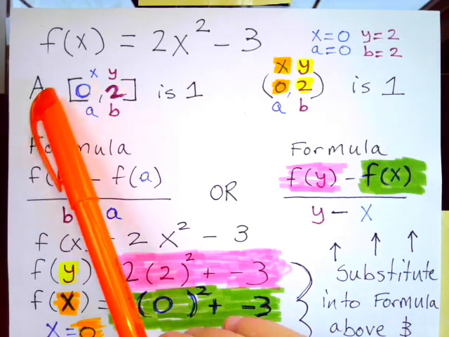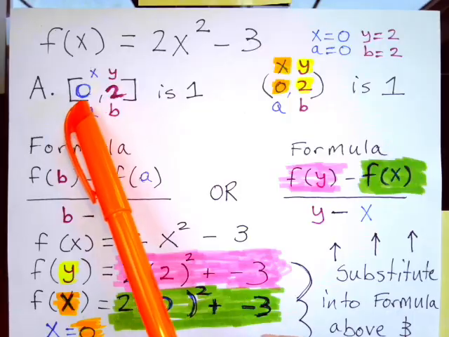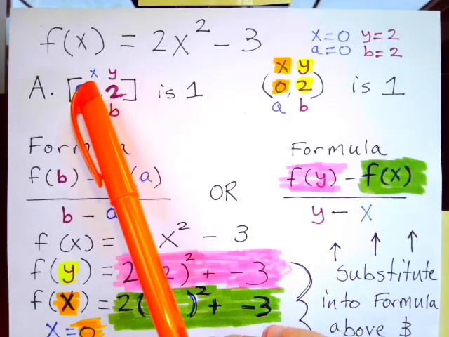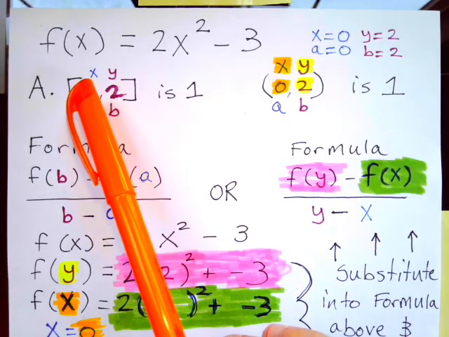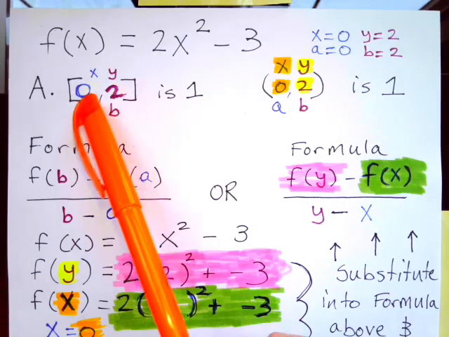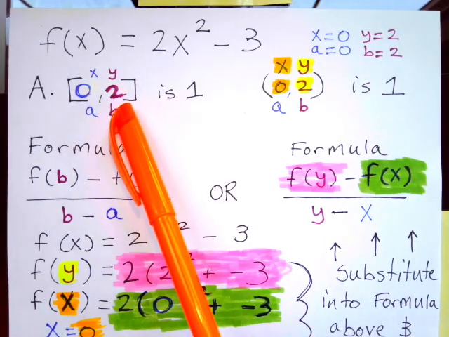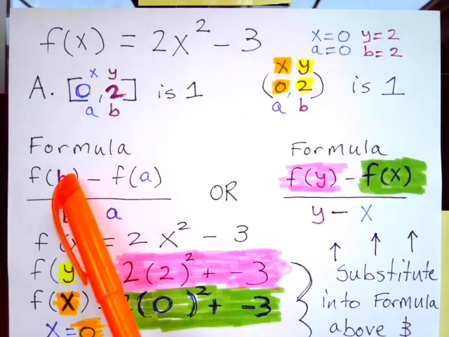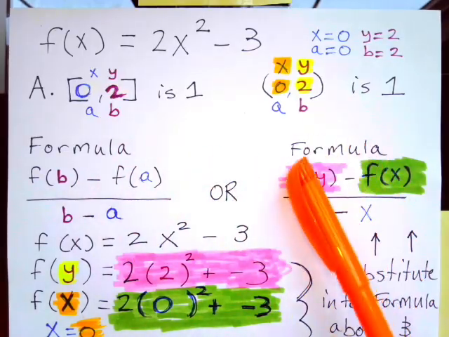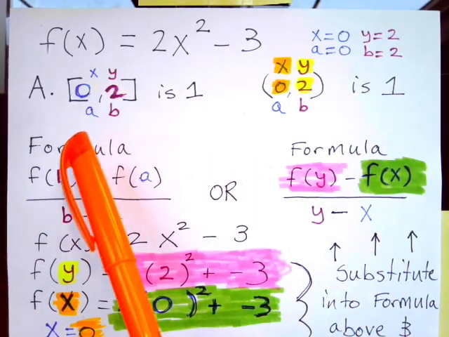Option A, they give you the brackets 0 and 2. We now know after the part 2 video that the x represents the 0, the y is represented by 2, and for the formula below, just determines which one you're going to use.